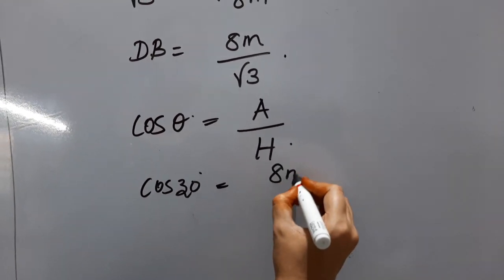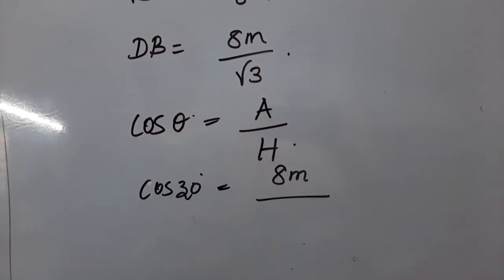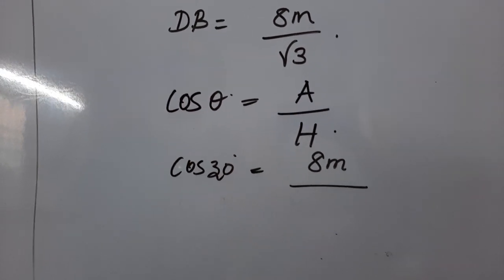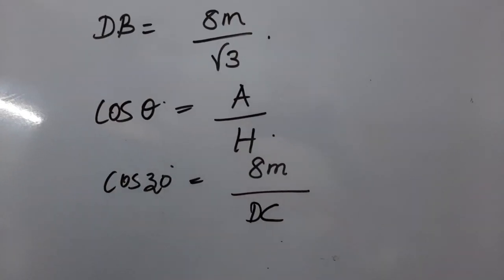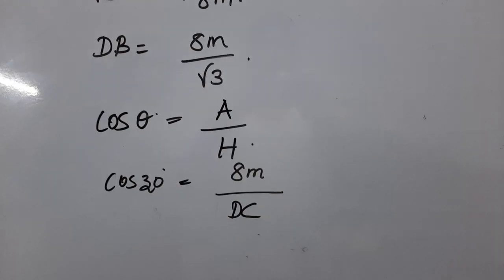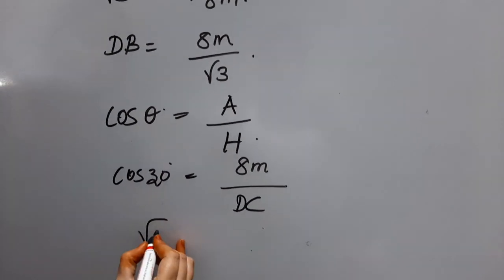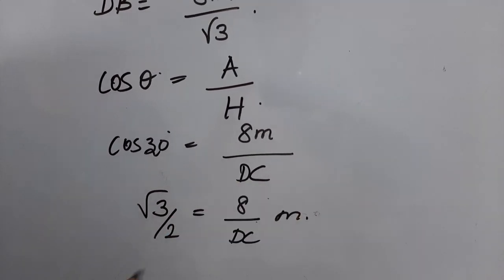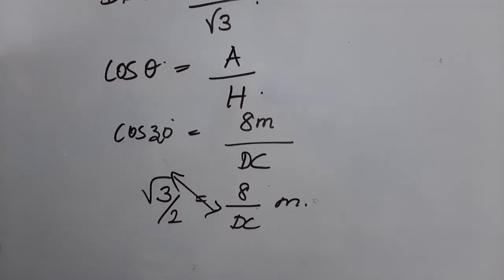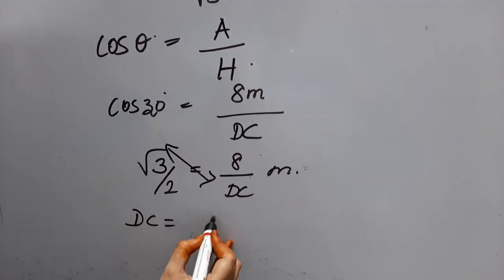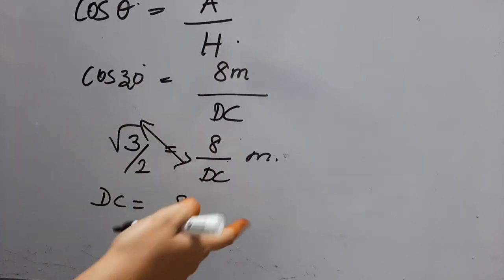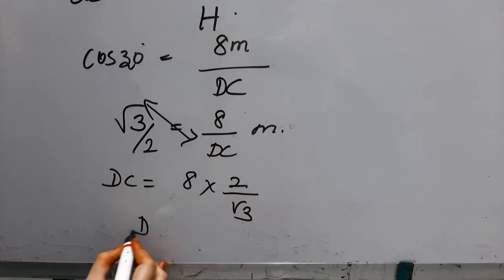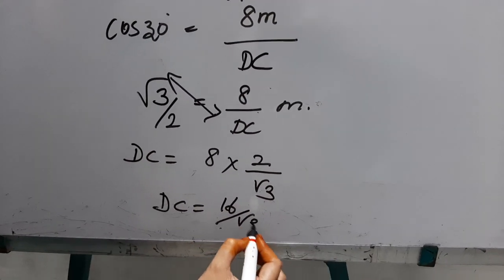The adjacent side is as usual 8 meter, and your hypotenuse is the part of the tree which has bent and touches the ground, that is DC. Cos 30 is root 3 by 2, which is equal to 8 by DC meters. Cross multiplication: DC is equal to 8. When I take a fraction to the other side, it will become reciprocal, so 2 by root 3. Now I got the value of DC as 16 by root 3.